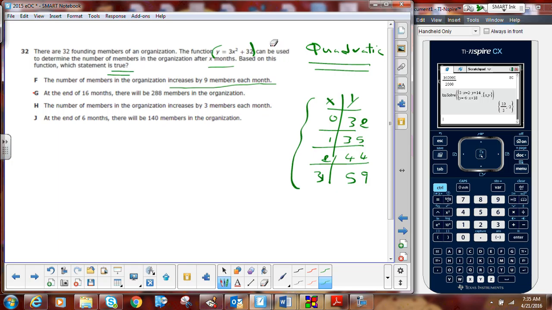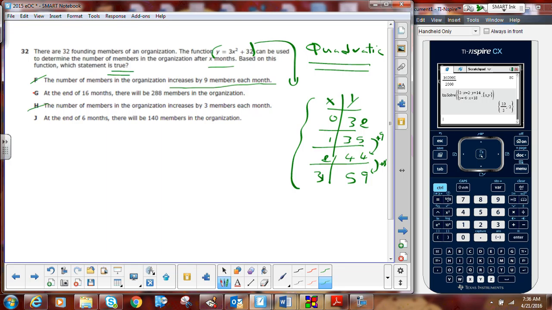So this is the table. You can have this table using the calculator. So the x represents the number of months. So at the first month you have 35, second month 44, third month 59. So here, yes, you add 9, but here you added almost 15. So the first statement, it's incorrect.